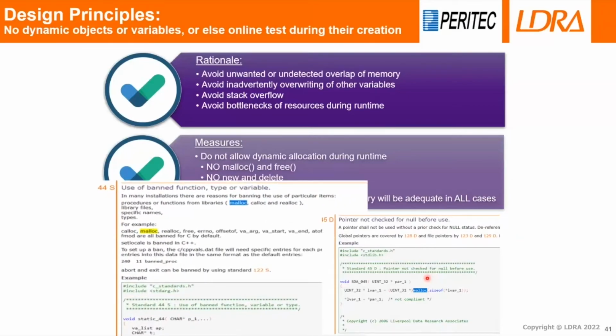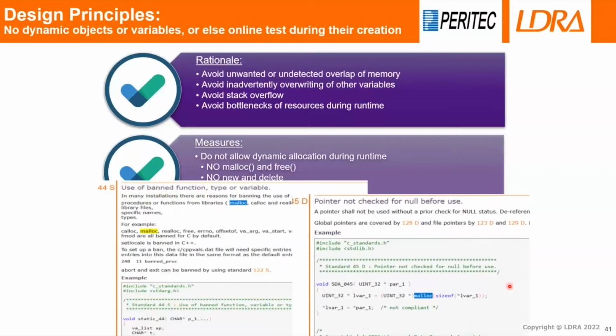For example, no dynamic objects or variables. Dynamic objects are created using the functions malloc, calloc, or realloc. We have a rule, use of banned functions, and we can add or remove from the banned function list, so the tool can automatically detect the banned functions which will be allocating dynamic objects or variables.